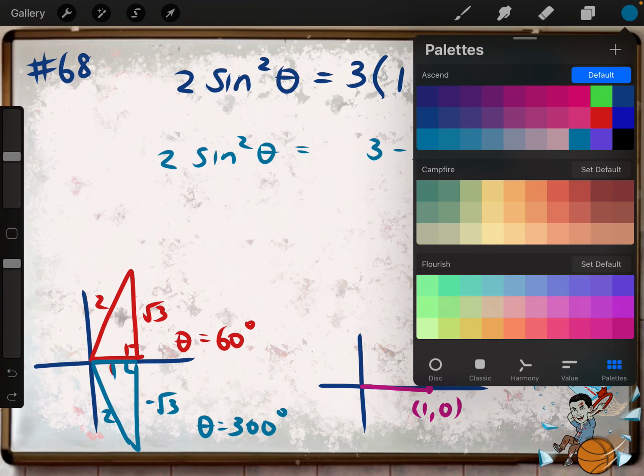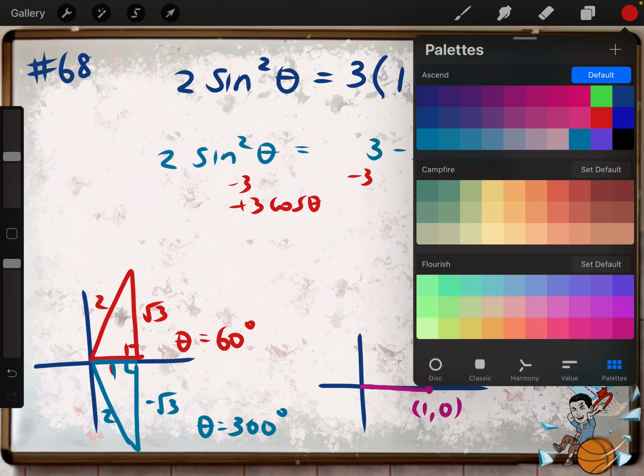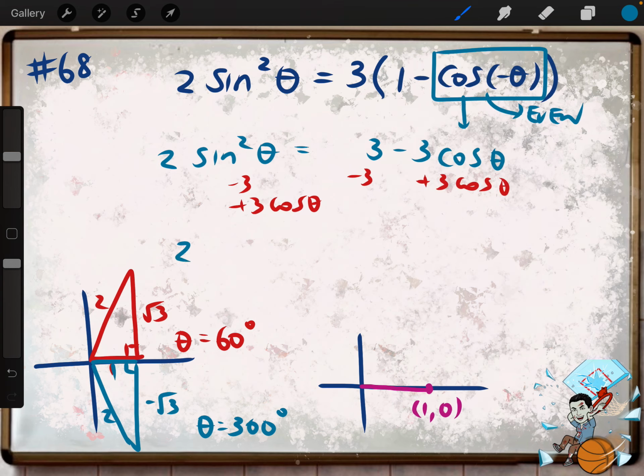So I'm going to subtract 3 on both sides and add 3 cosine theta on both sides. Let's see how it goes. So I'm going to get 2 sine squared theta plus 3 cosine theta minus 3 equals 0.